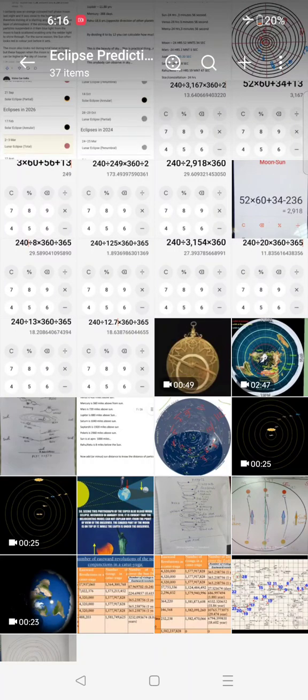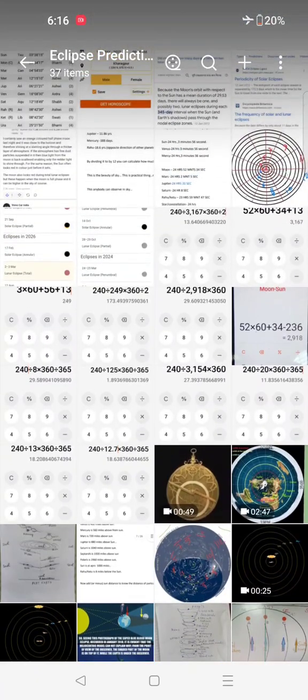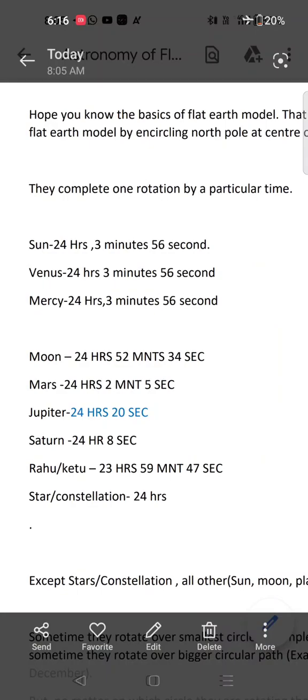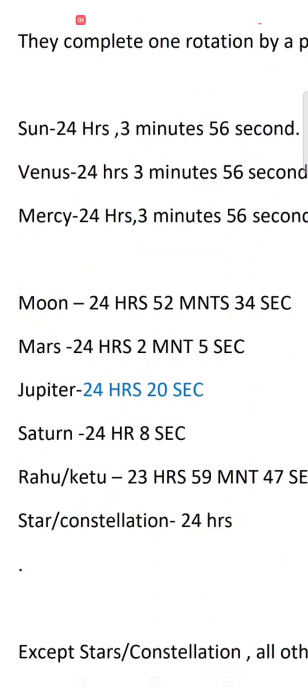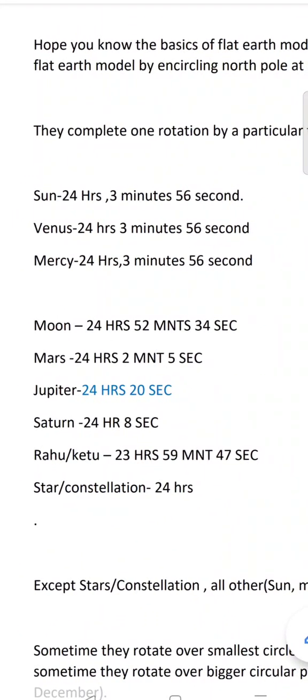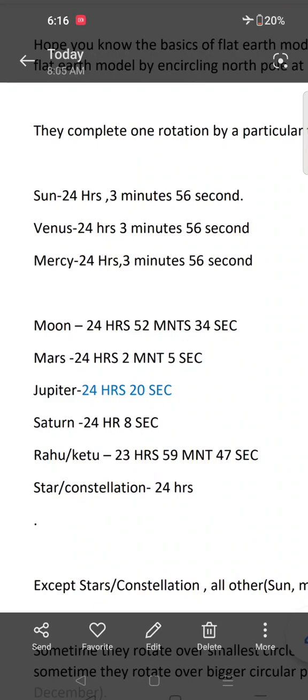Now let's calculate the other zodiac. Here let's take Jupiter. Jupiter is 24 hours 20 seconds. So 20 seconds is our difference time between stars and Jupiter.